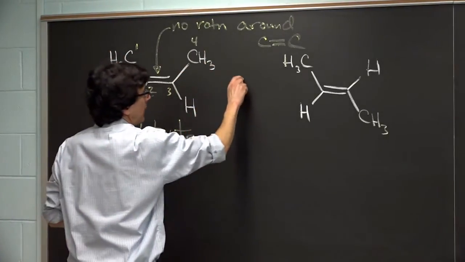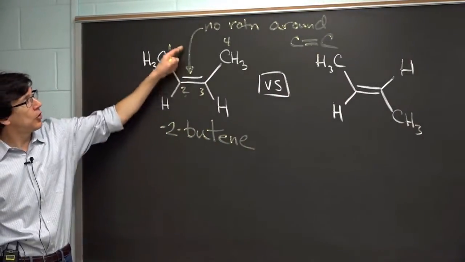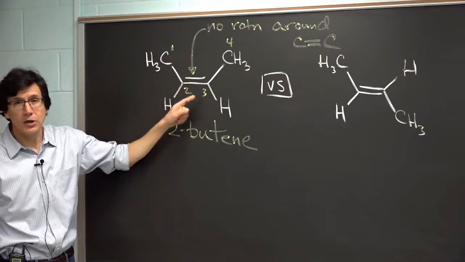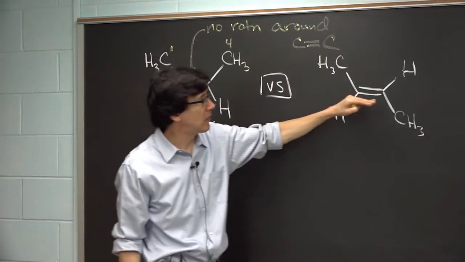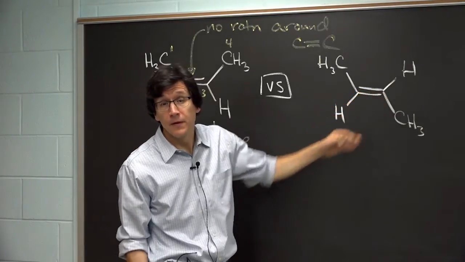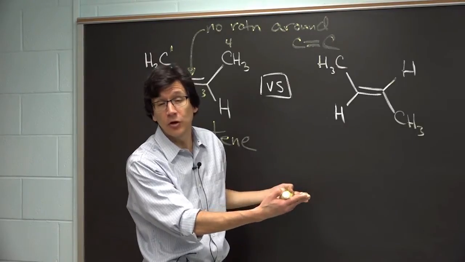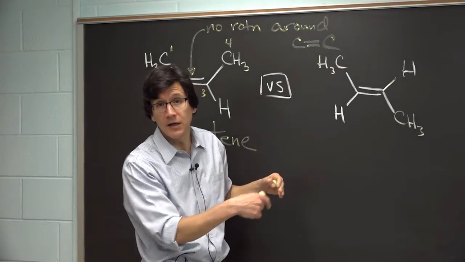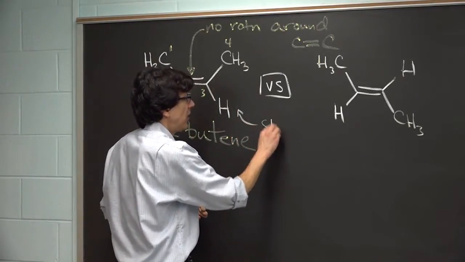Just to point this out, because there is no rotation around this carbon-carbon double bond, this molecule cannot readily convert into this one, or vice versa. Notice these two are not structural isomers because all of the atomic connectivities are the same. So they're stereoisomers.